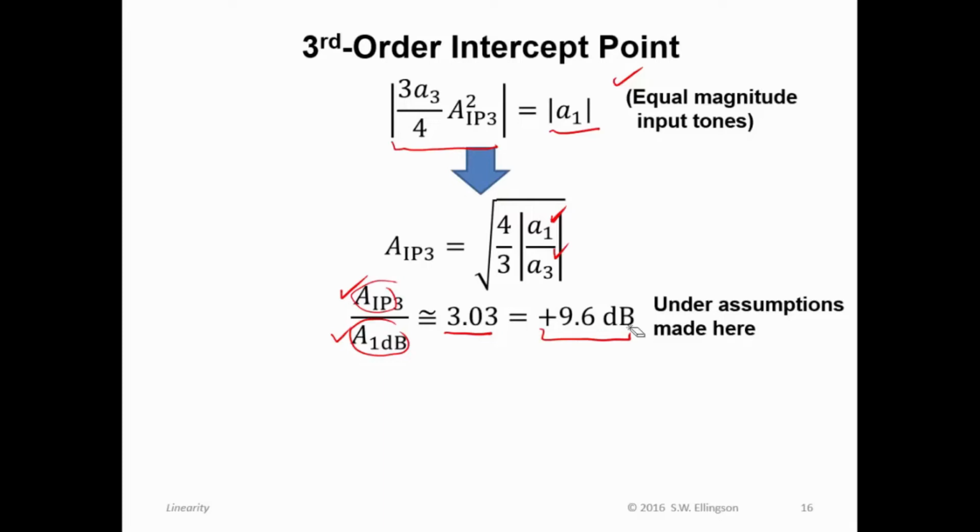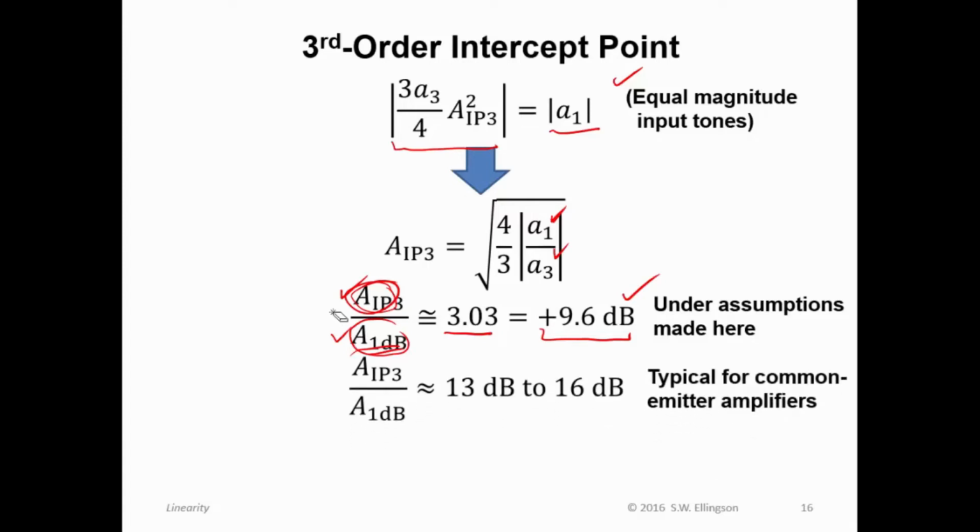When the device is well characterized in terms of a third order polynomial model, it turns out that the ratio between the third order intercept point and the 1 dB compression point is about 10 dB. This is a very useful thing to know because, for one thing, it's very easy to measure the 1 dB compression point. I can do that with one tone. And if I know that, then I know the third order intercept point is simply about 10 dB higher. But again, all this depends on the third order polynomial response model being applicable.